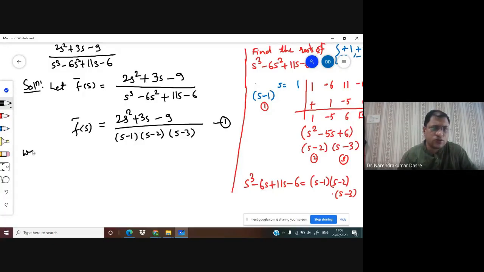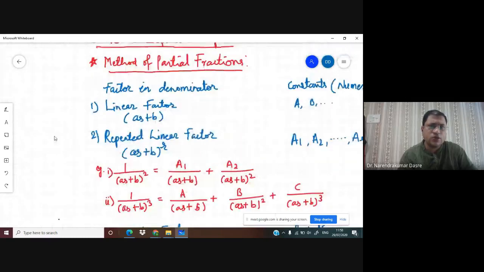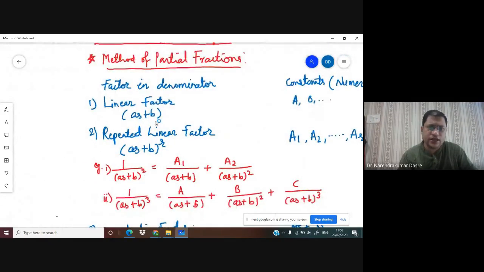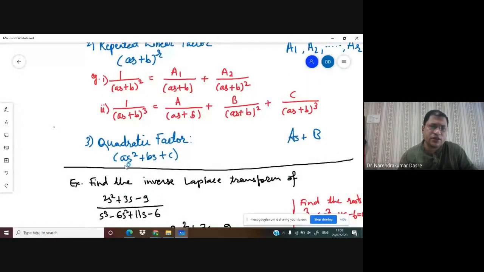Now tell me what kind of factors these are. Are they of the type as plus b, or as plus b whole to the power r, or are these factors of the type a s square plus bs plus c?